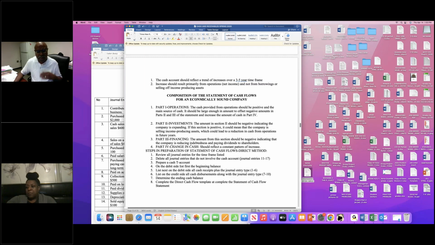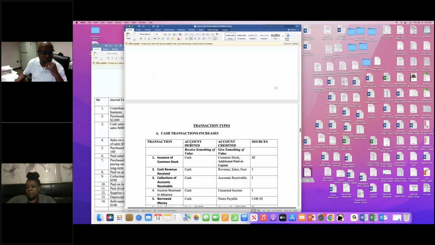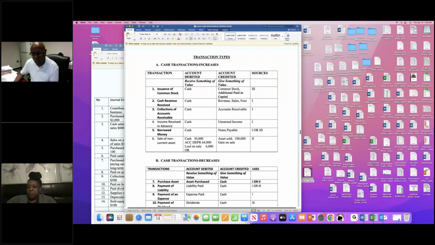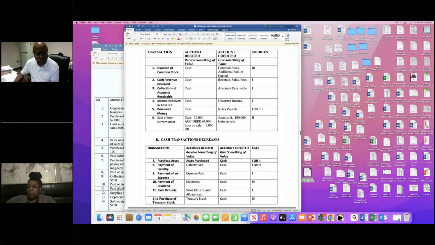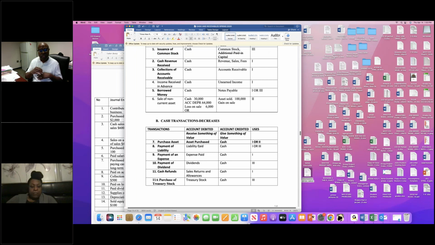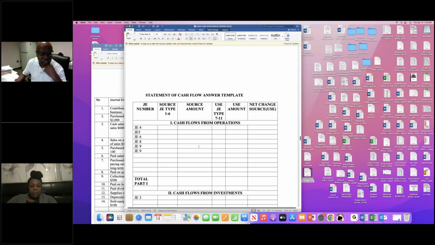When we get ready to prepare the statement, we're only using transactions 1 through 11A. Those are the only transactions that go on the statement of cash flow. And our goal is still to see how much cash we have coming in operations, how much we're paying out in operations, and was there a positive cash flow in operations.